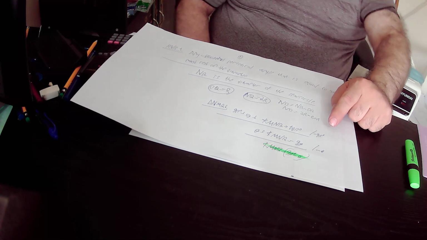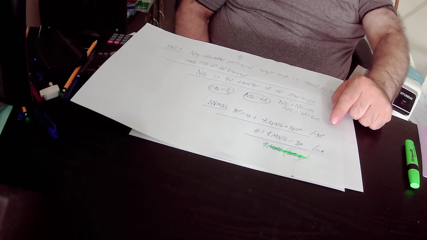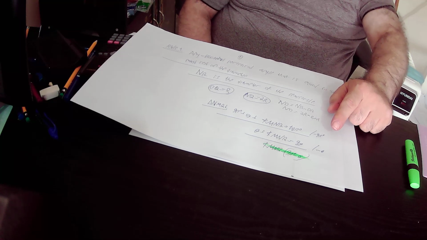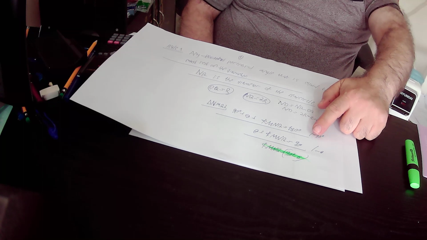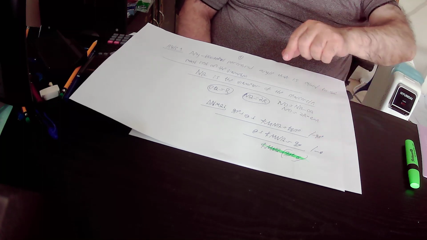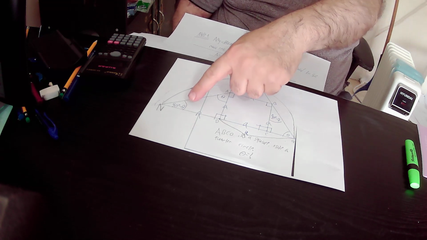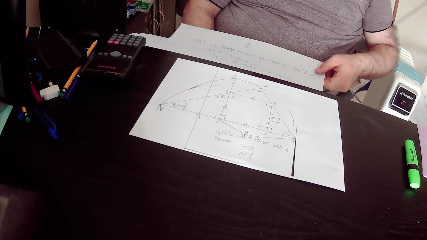We subtracted 90 degrees from this equation, and we got that angle theta plus angle MNQ equals 90 degrees. We subtract theta, and we got that the missing angle MNQ equals 90 degrees minus theta. Okay?